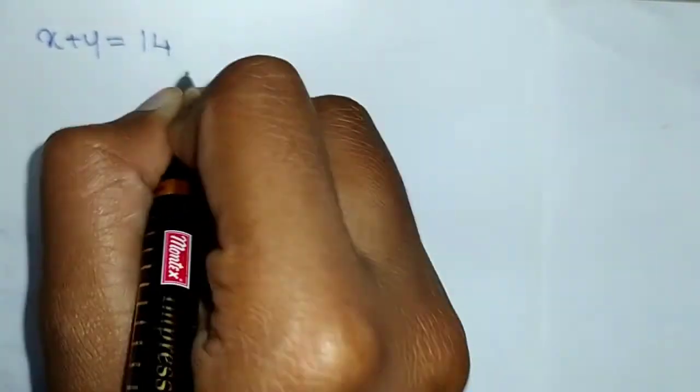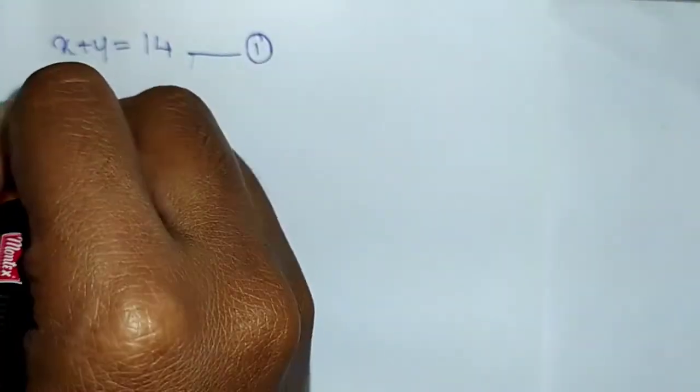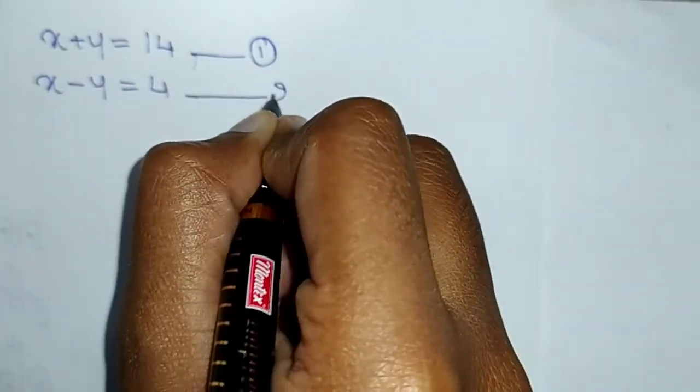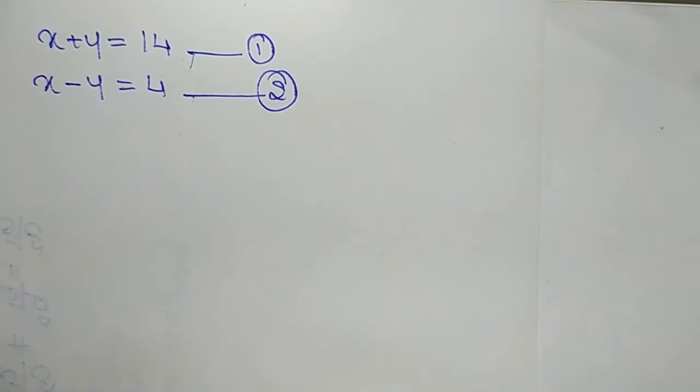Consider the example x plus y is equal to 14. Name this as equation 1. And x minus y is equal to 4. Name this as equation 2. So now to find the solution by elimination method, we are going to multiply the coefficient of the variable which you are going to eliminate.